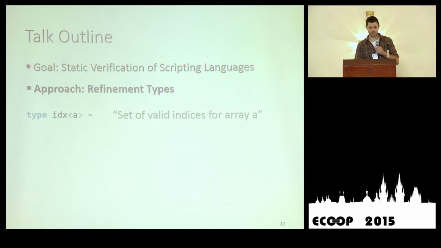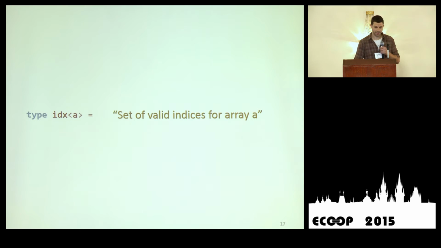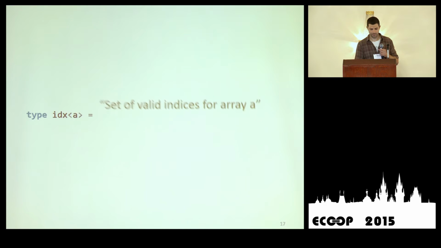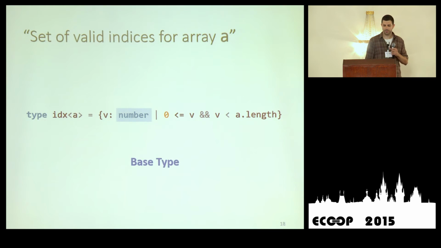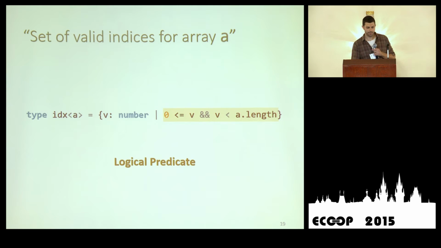Let's see what exactly we mean by refinement types through a simple example. Let's assume that we want to define a type index of A, which will be the set of valid indices for an array A. This is what it will look like. In particular, there will be a base type part, in this case a number, and a logical predicate associated with the base type.